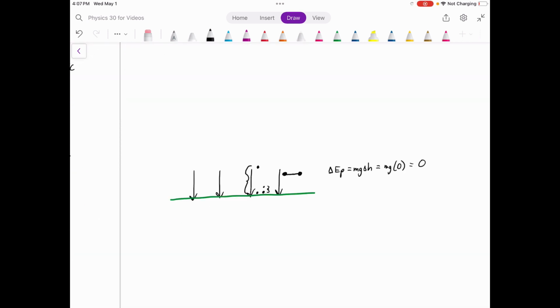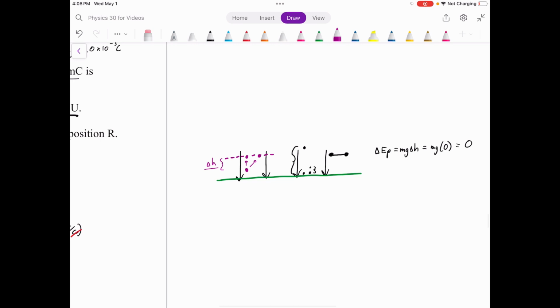Going back to the gravitational field, if we think about moving a ball from here to here versus from here to here, moving it that way versus moving it that way, well, either way, they ended up at the same height. They started at the same height, they went through the same change in height, right? And therefore, their change in potential energy and the work required would be the same in both cases.